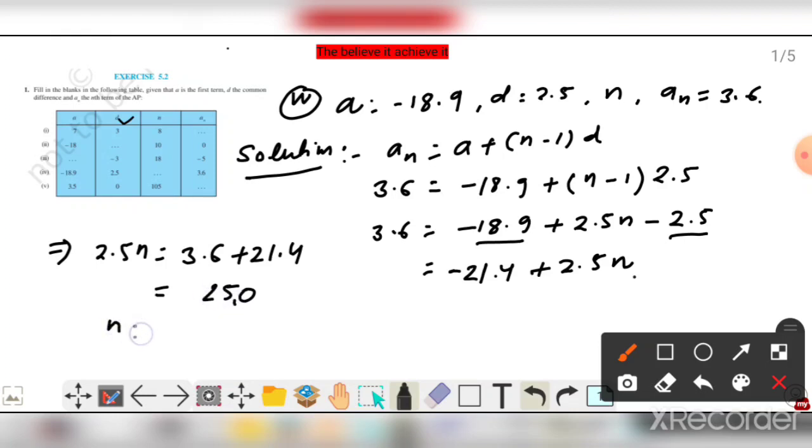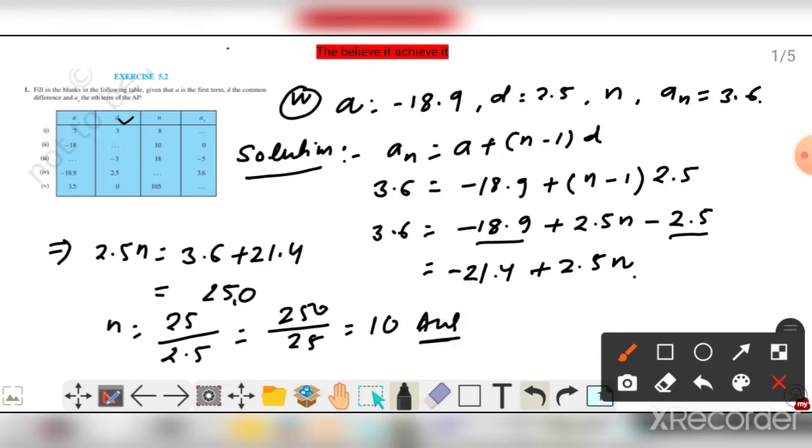So n equals 25 upon 2.5. It will be 250 upon 25, so it will be 10. Very easy question. We have to put the values and find the answer. So we'll go to the next question.